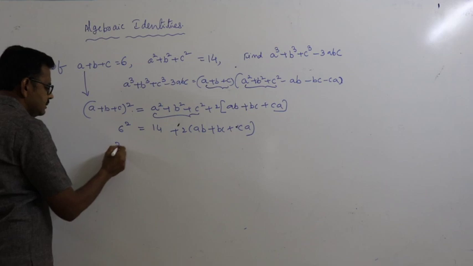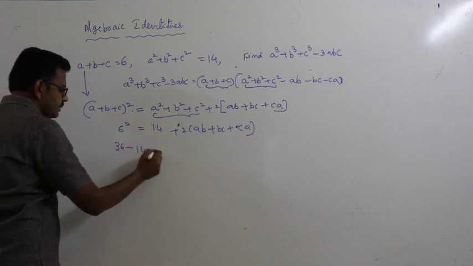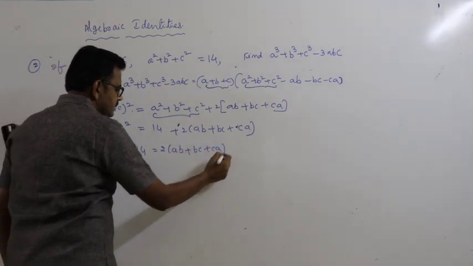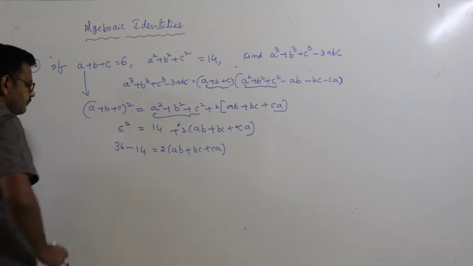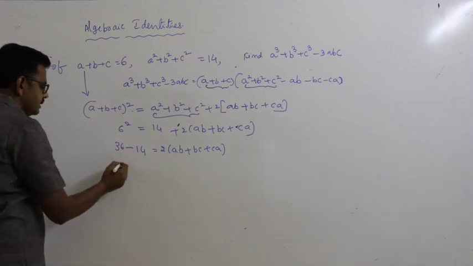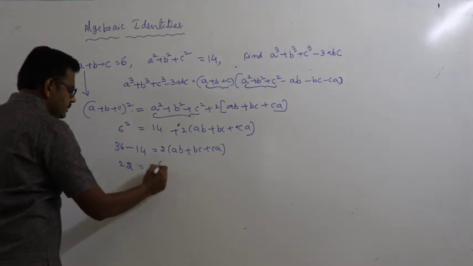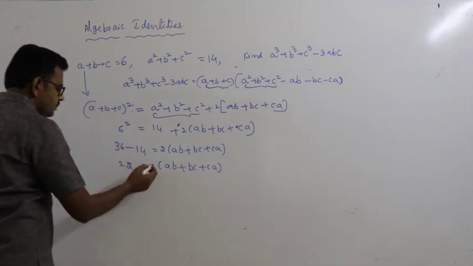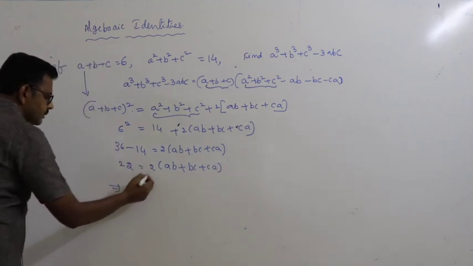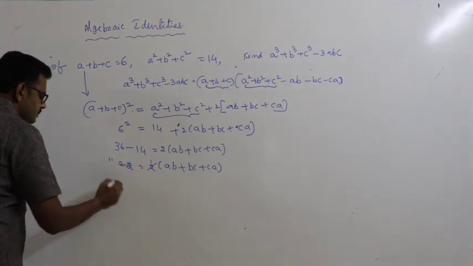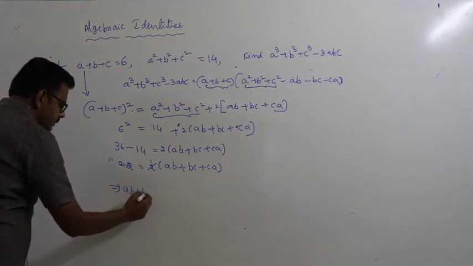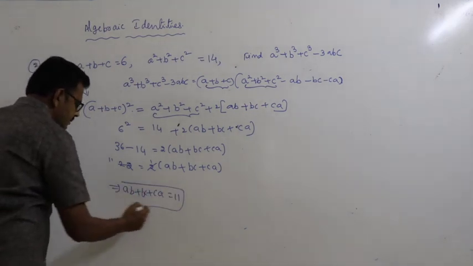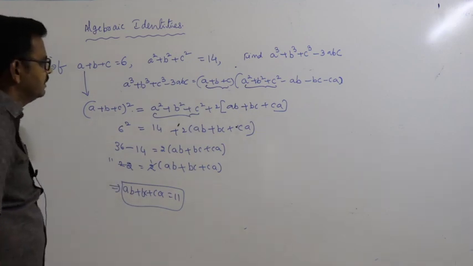Take this side: 36 minus 14, that is 22, is equal to 2 times of ab plus bc plus ca. So 2 cancels 22 to 11. Therefore ab plus bc plus ca is equal to 11.